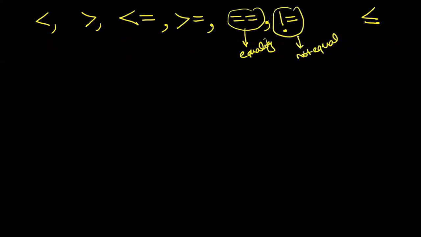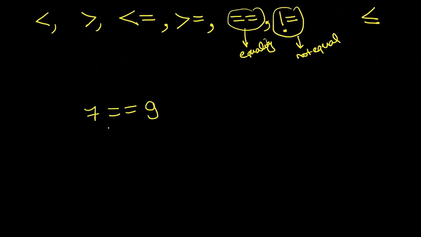So guys, how do we use them? Let's say I ask you, 7 equal to 9. I have given you an expression to evaluate. I tell you one thing, that whenever you use a relational operator in programming, the output is always a Boolean. Either it will be true or it will be false. And you can verify this yourself.